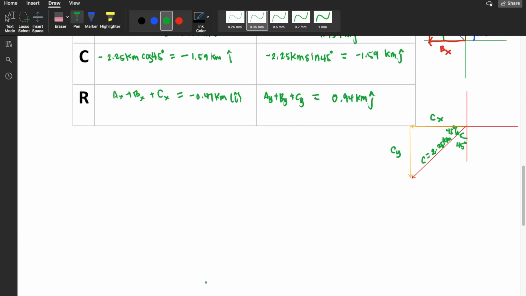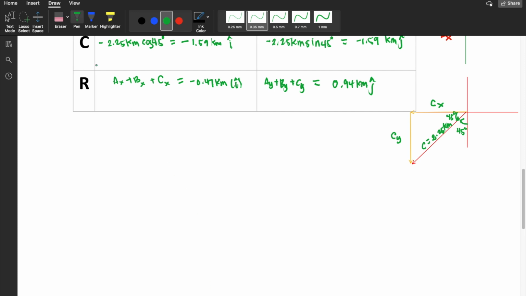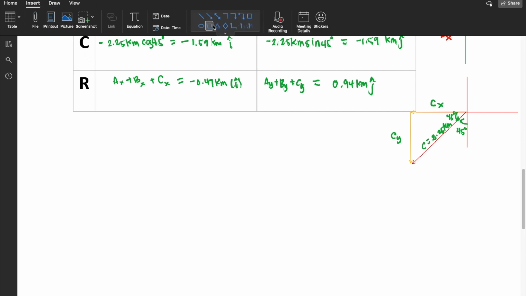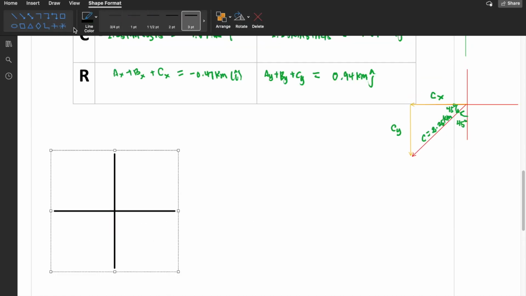So the drawing earlier is correct. How to confirm? Your Rx is negative, so this would be towards the left. And your Ry is positive, meaning it's upward.